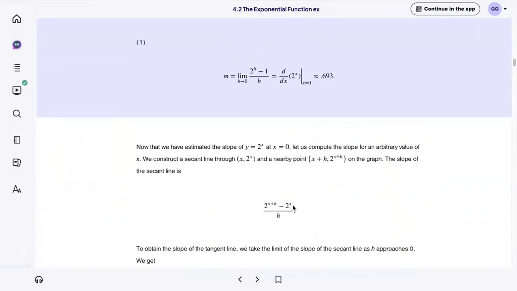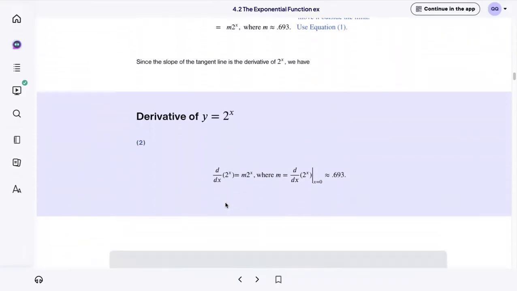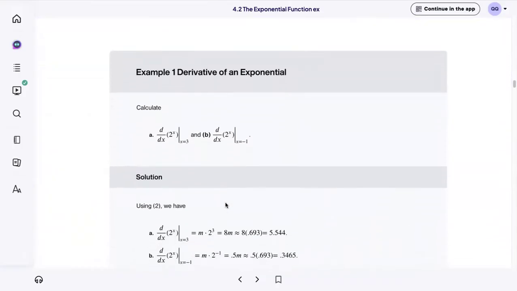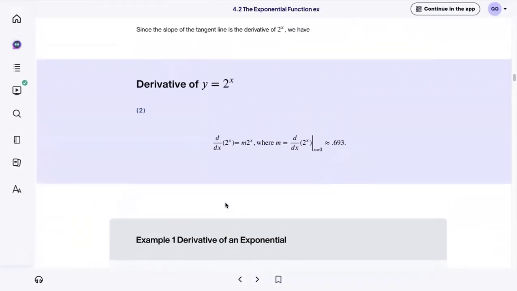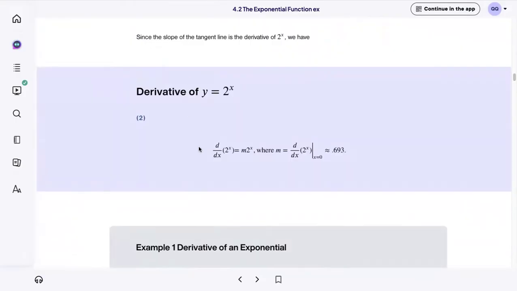This is talking about how we use the difference quotient to find the value. Okay, so we need to learn this formula. When we differentiate exponential functions, we have this m. And what's special about this? You see the exponential function always appears in its derivative. We differentiate 2 raised by x, we still get 2 raised by x.